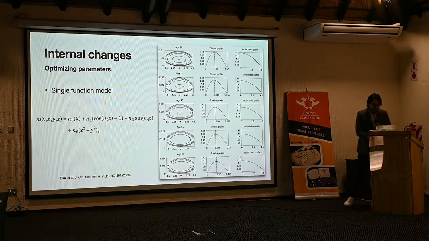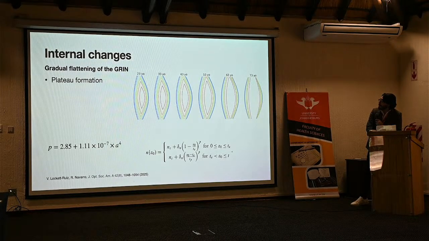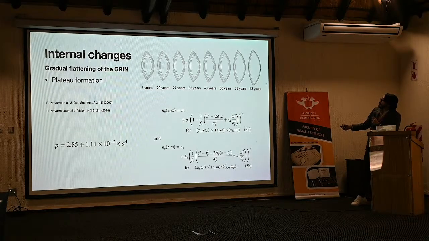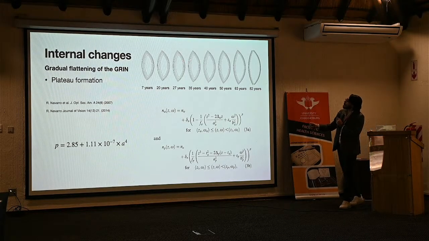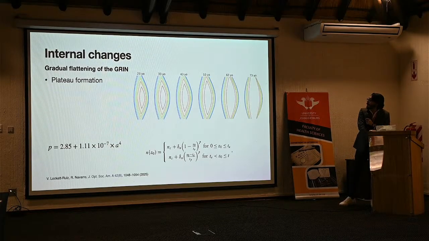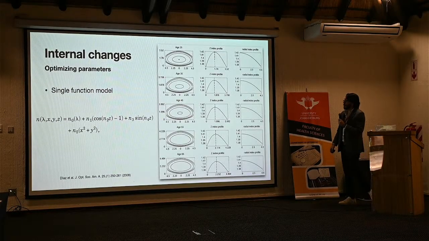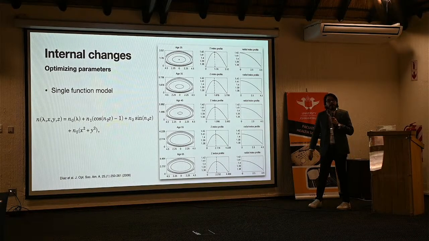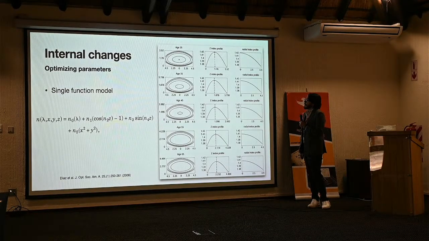I forgot to say that these are GRIN models, but the isoindicial curves are continuous, though not necessarily smooth.